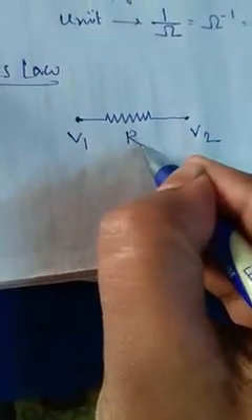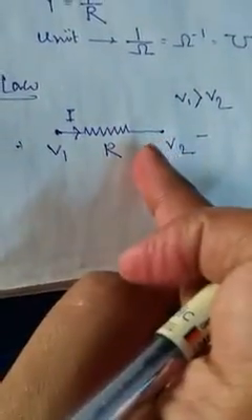Now this is the resistance R. Let's say V1 is greater than V2, which means V1 is positive and V2 is negative. So current will flow along this direction. We are not talking about the flow of charge, we are talking about the current, which is opposite to the flow of charge.